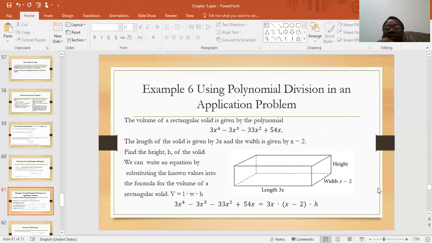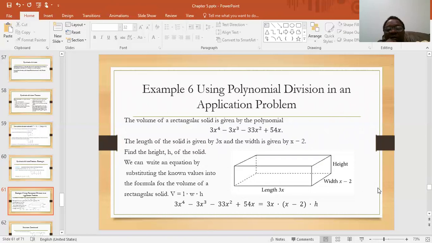Using polynomial division in an application. The volume of a rectangular solid is given by the polynomial 3x to the fourth minus 3x cubed minus 33x squared plus 54x. So the length is 3x, the width is x minus 2, and the height is unknown. How can we find the height?